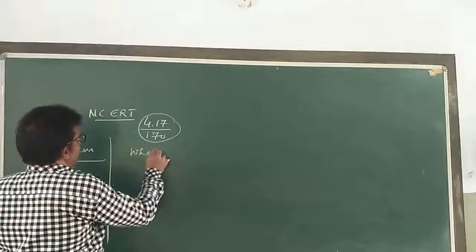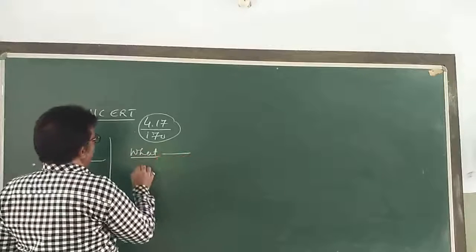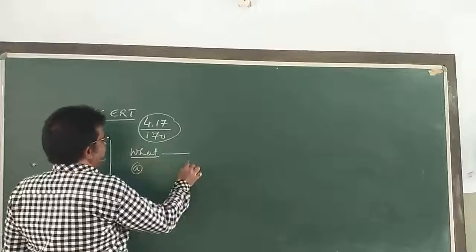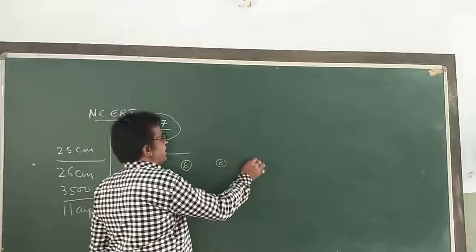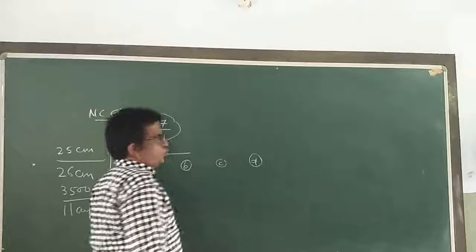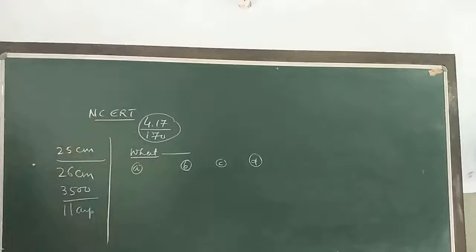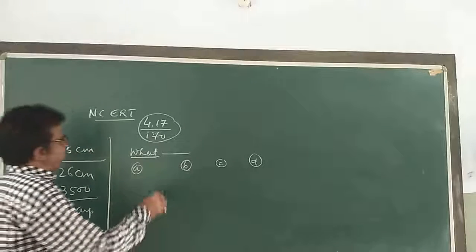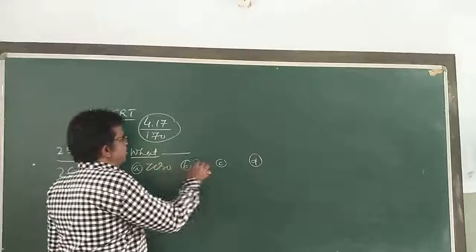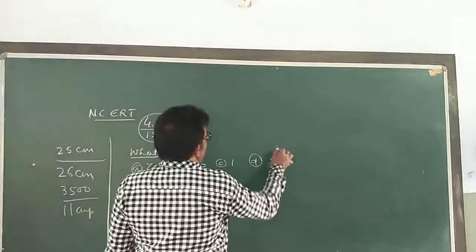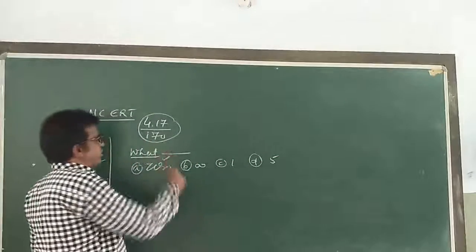Say options A, B, C and D are there. But outside the toroid we know very well there is no magnetic field, so the answer is 0.